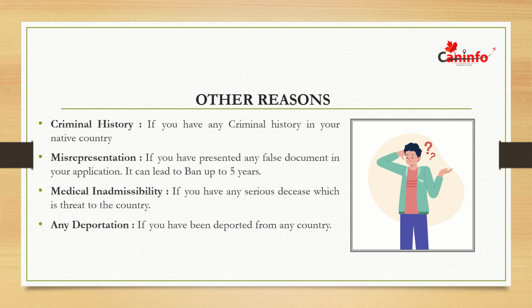If you're medically not fit and you have any disease that is a threat to the country, then there are fair chances that your visa may get refused, but that is a very rare reason. Any deportation. If you have been deported earlier from any other country, that is again a reason to refuse a visa.